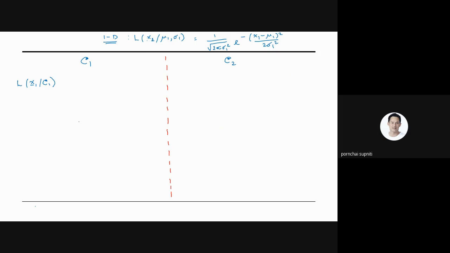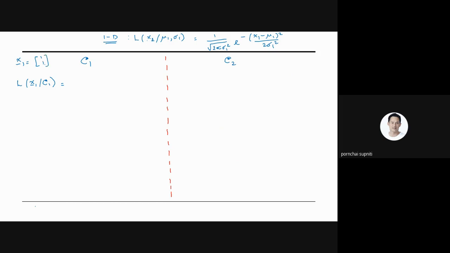So what do we do when we have 2D? We assume that each dimension is uncorrelated, or independent in this case. So we compute the multiplication of two PDFs, one for dimension 1 and the other for dimension 2. Because x1 is 1, 1, it's very easy.